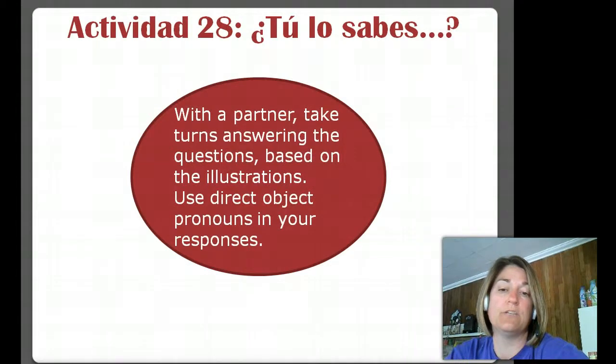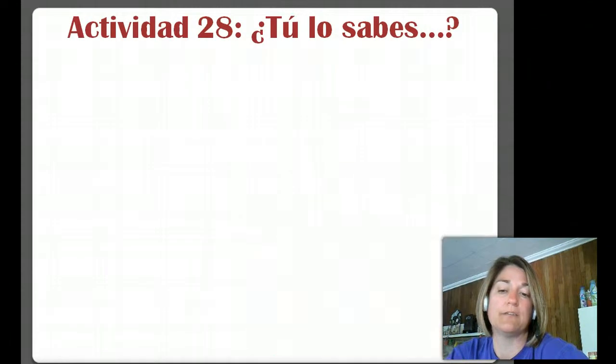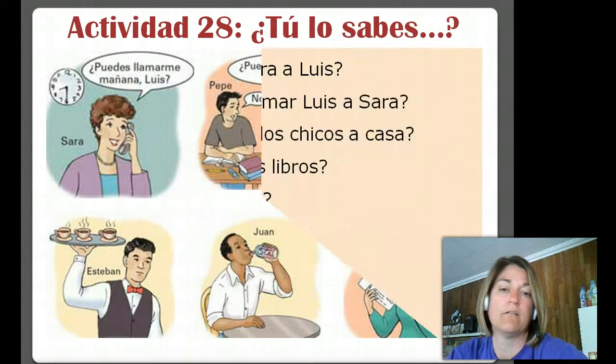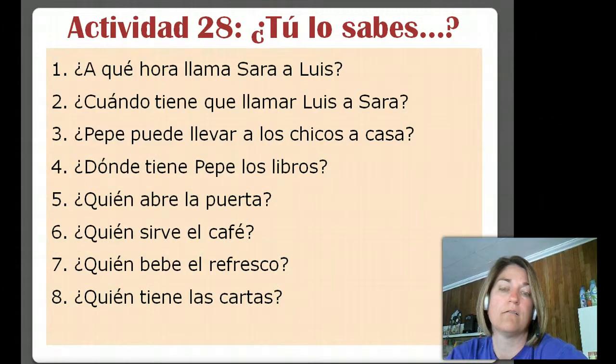All right, so we're going to do a little bit of practice with all this now, supposedly with a partner. And I think instead of referring back to that previous picture that we had just seen, let's just go through the questions, and I'll come up with a potential response for them to help you understand.